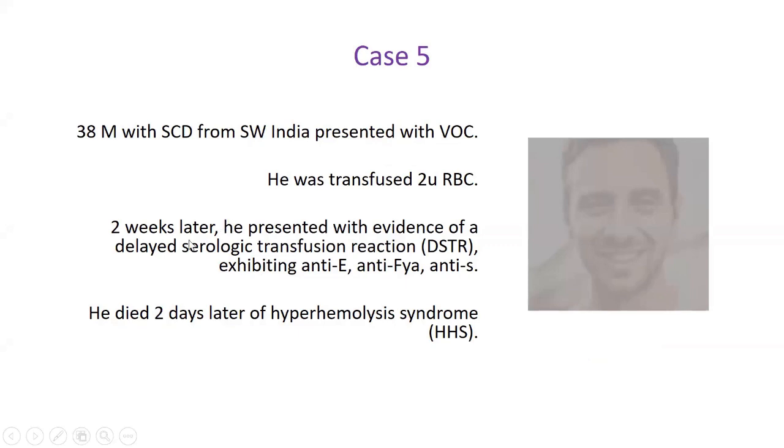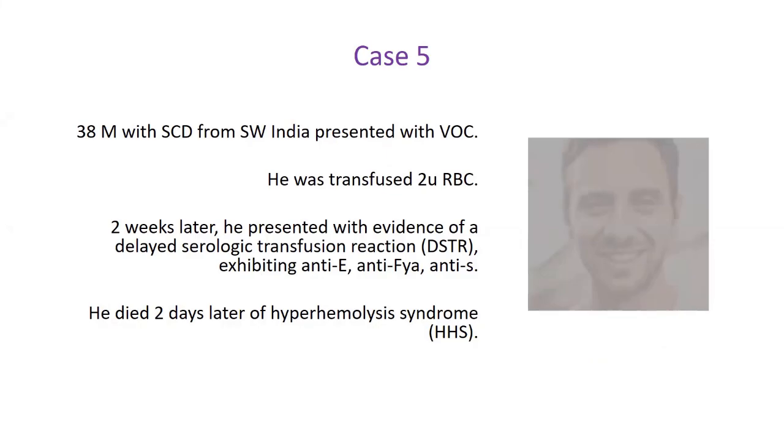So this 38-year-old male with sickle cell from Southwest India presented with a vaso-occlusive crisis. He was transfused 2 units of red cells. Because he'd been in Canada for about 20 years, he'd only had 3 groups and screens on file. They were done before a transfusion, but he was never rescreened in that 1 to 3 month period where he might have most likely evidenced any seroconversions if they had occurred.